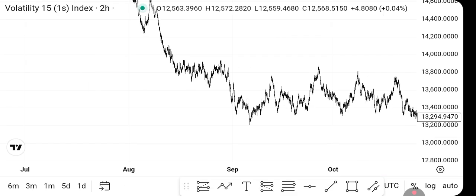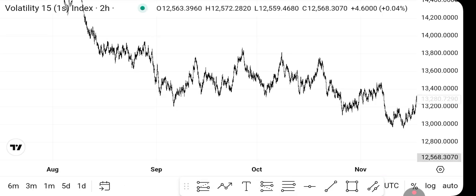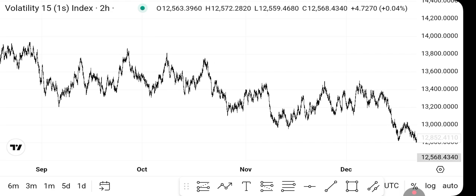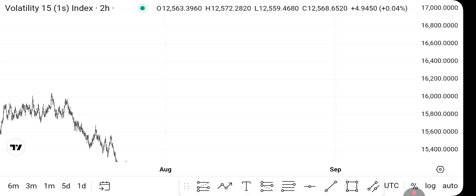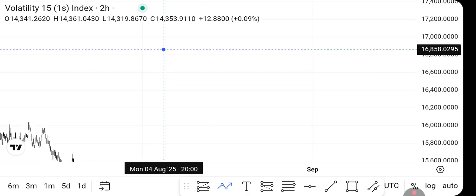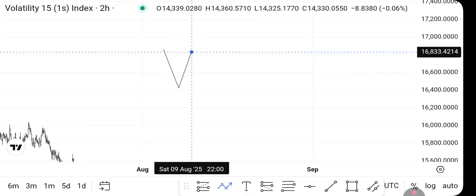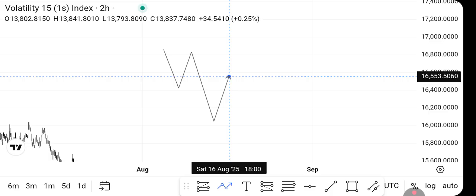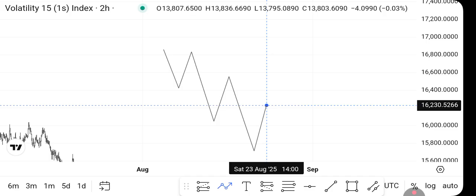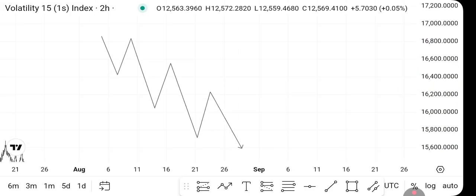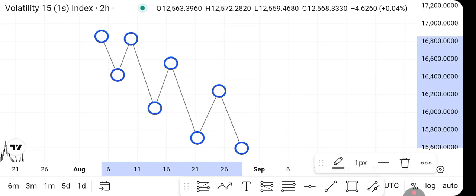Okay. So another way to pick the directional bias of the market is by drawing trend lines. Now, how do you draw a trend line? Let's say you have a downtrend this way. You connect all the highs together. Make sure they are connecting. Let's assume you have just three highs.